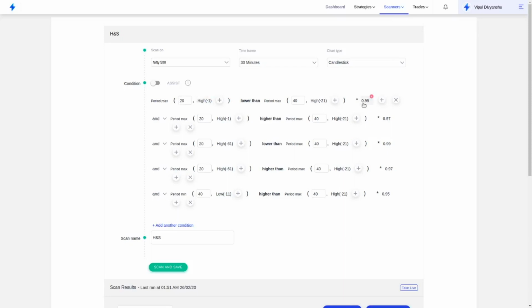How much lower than that? When I multiply by 0.99, I'm indicating that the recent high in the last 20 candles should be 1% lower than the high that was achieved in the previous 40 candles.